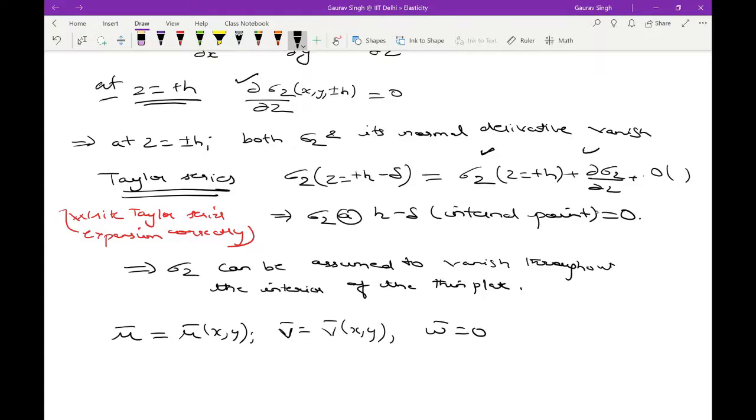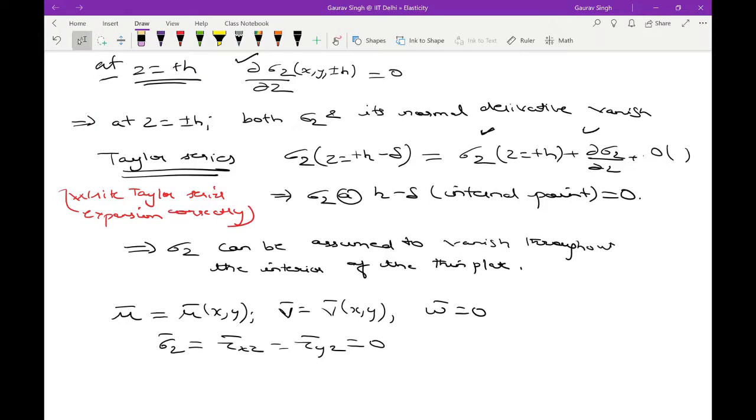Then sigma z bar is equal to 0, where bars show the averaged value. By the same logic, sigma z is 0 in the interior, tau xz and tau yz will also be 0 in the interior. Exactly the same logic.